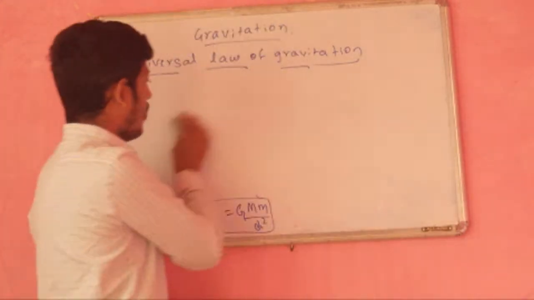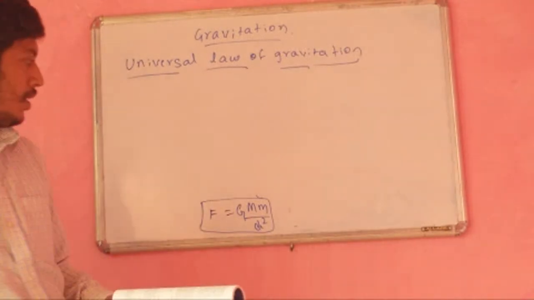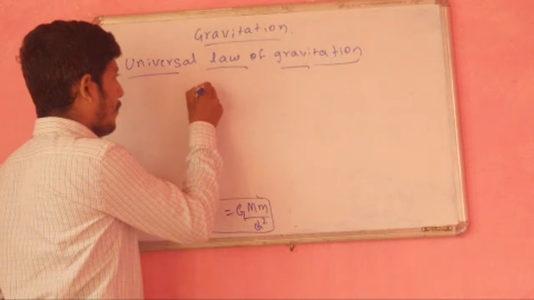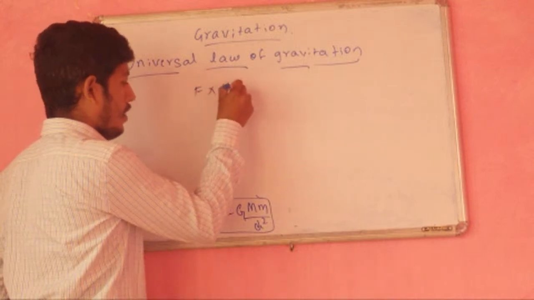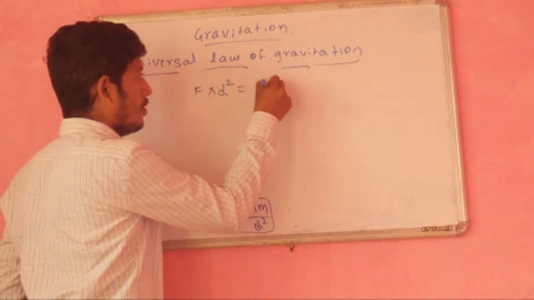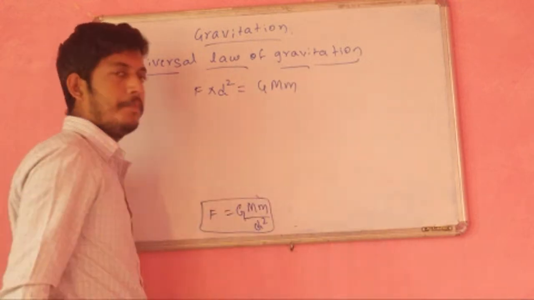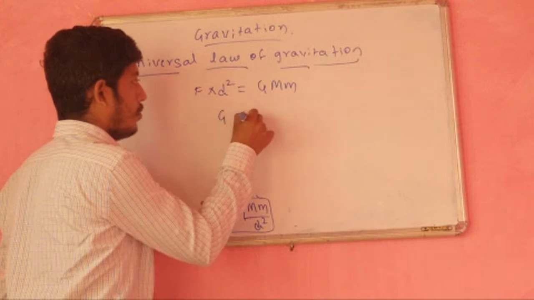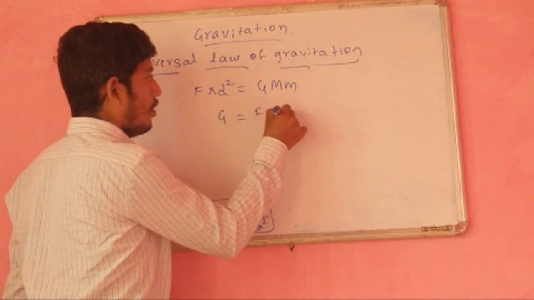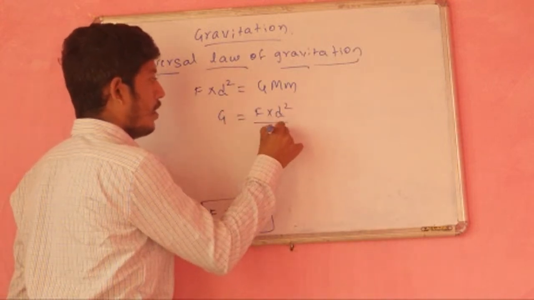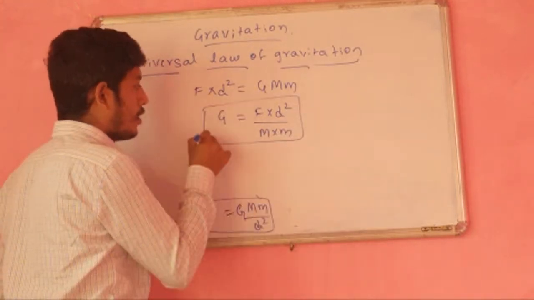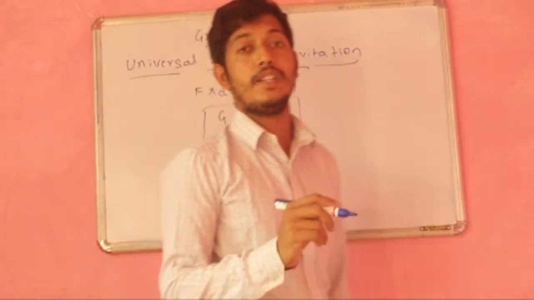When we cross multiply this, it becomes F into d square equals G into M m. But we want only G. So therefore G value becomes F into d square divided by M into m. So this is the expression for gravitational constant.